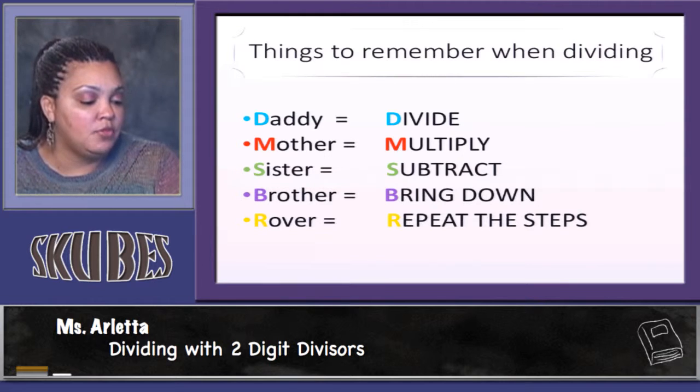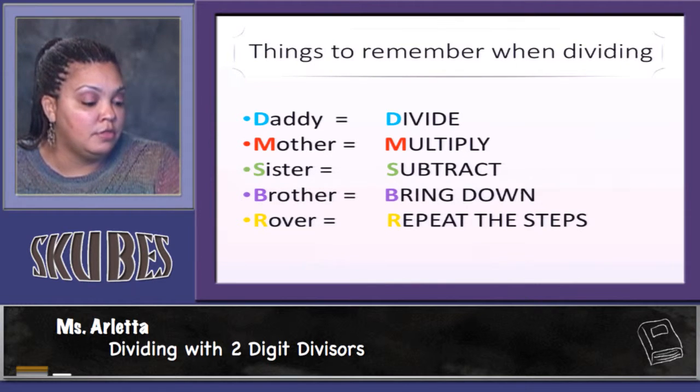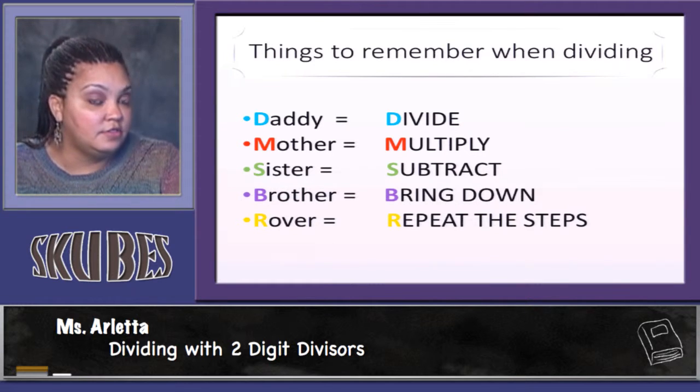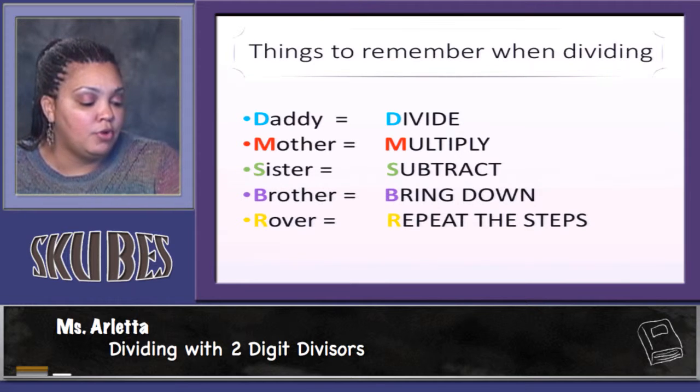A way for you to remember that is the first letter in divide is the first letter in daddy. The first letter in multiply is the first letter in mother. The first letter in subtract is also the first letter in sister. The first letter in bring down is the first letter in brother.